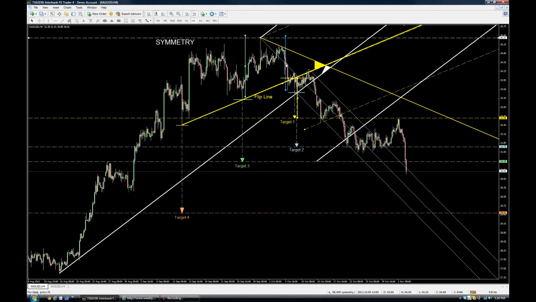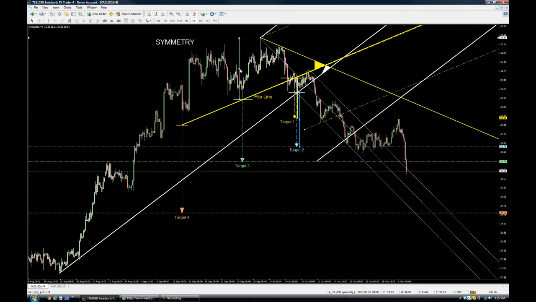The same is true for where price, when we take the distance from the swing high to the neck here, which is mainly associated with this trend line, this white APF, and then we flip it down, gives us our second target.